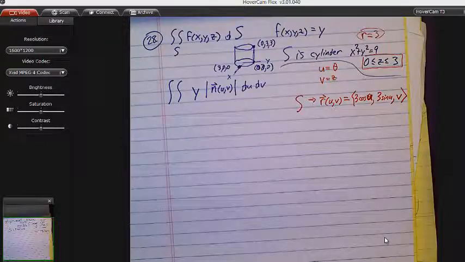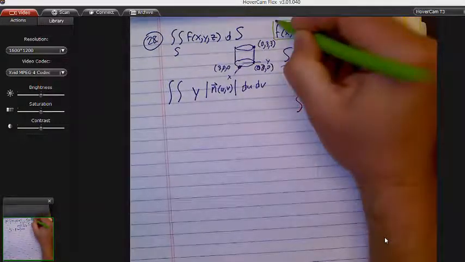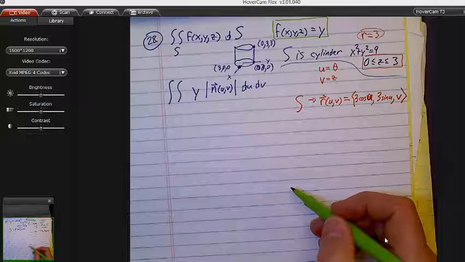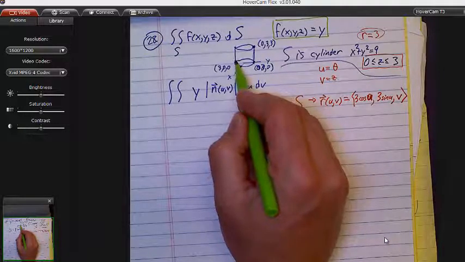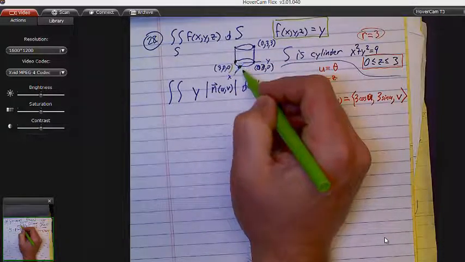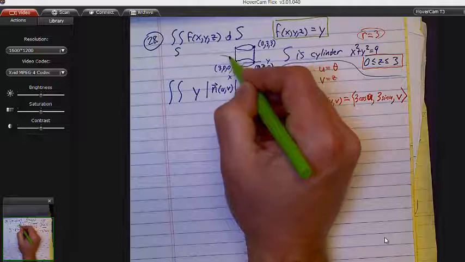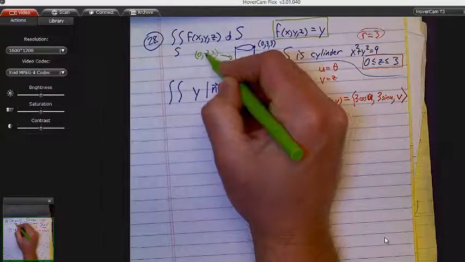And so what we're going to do is my function f is just y, right? That's kind of nice because I can just look at the y coordinate. The smallest my y coordinate would ever be would be down here. This point would be 0, negative 3, 0, right?